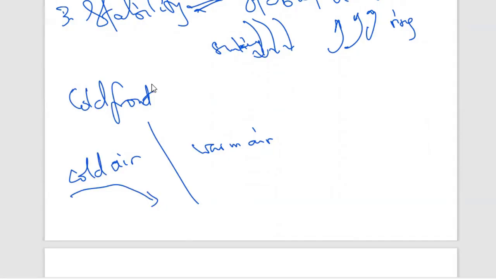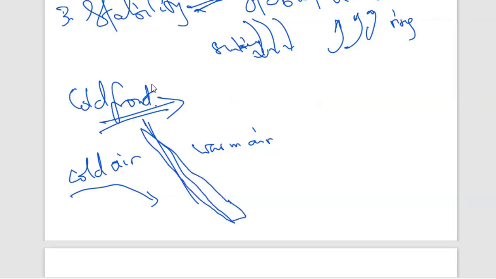It will mean that if there's cold air, and let's assume our system is going in that direction, this is the cold front, the boundary separating the cold and warm air. This is our front or the boundary.